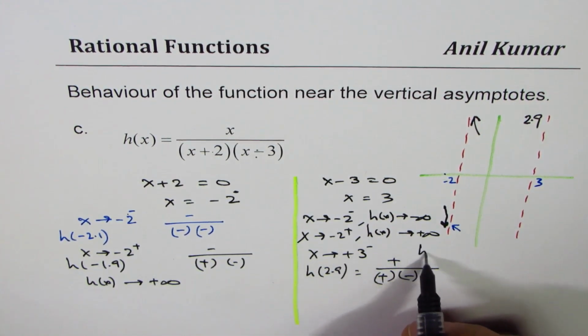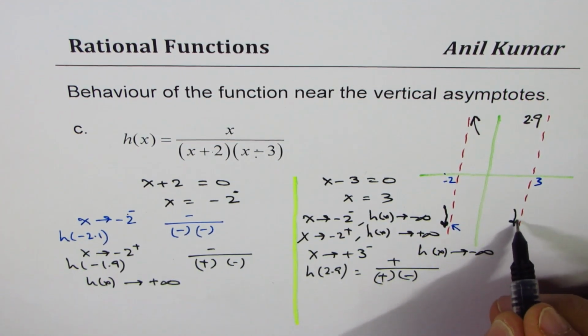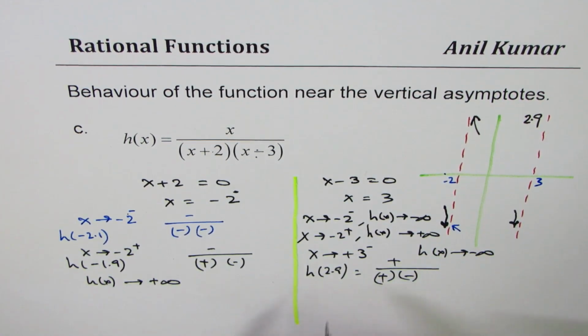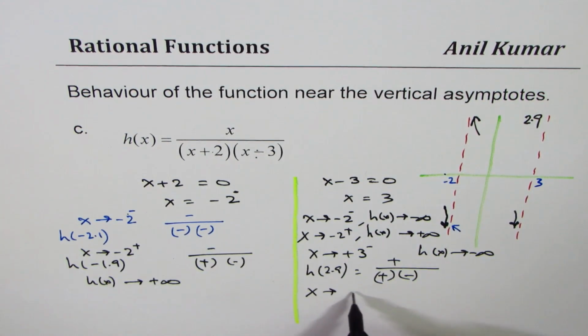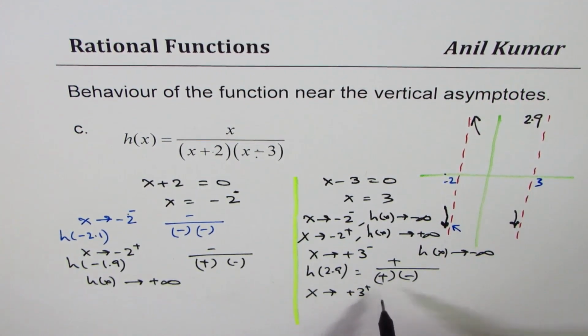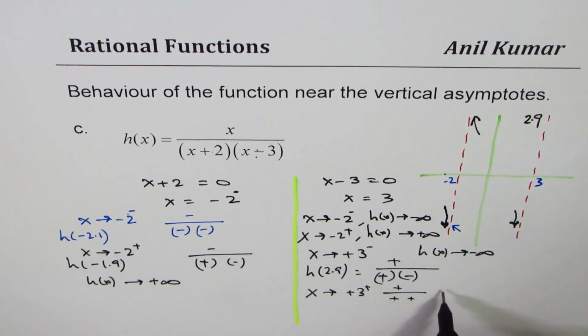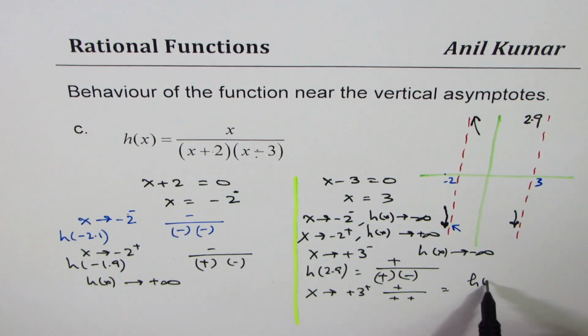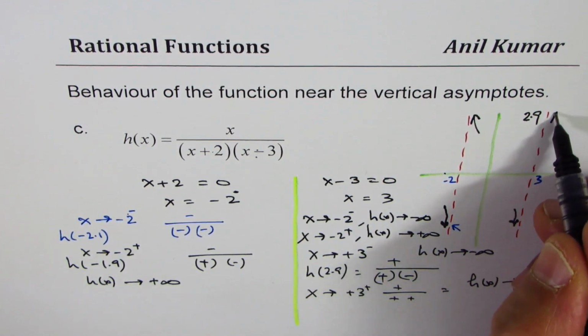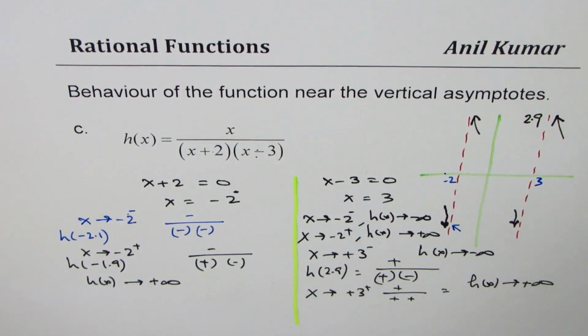So we can write h of x approaches negative infinity, and that is how you show. Now, if x approaches positive 3 from the right side, then all of them are positive, right? And the result is that h of x approaches positive infinity, like this. Is it okay? So that is the behavior.